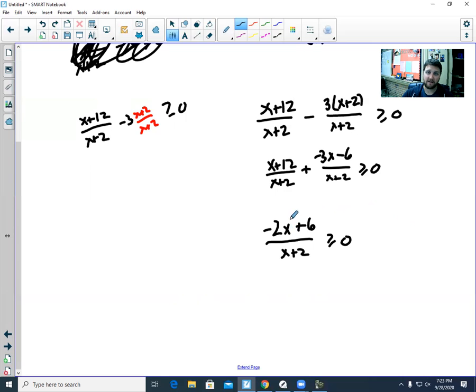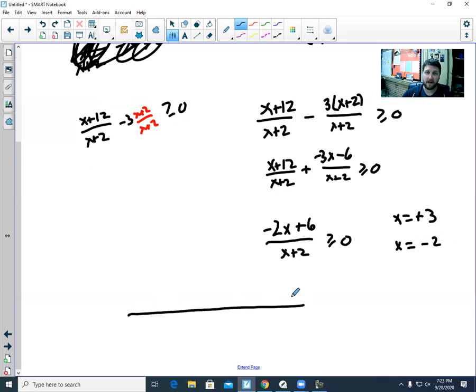And I can pretty easily see that if I plug 3 in here, it turns into negative 6 plus 6. So x is going to be positive 3. In the bottom, if x equals negative 2, that makes this undefined. So there are my two values that I have to test. Okay, so my two values are negative 2 and positive 3.